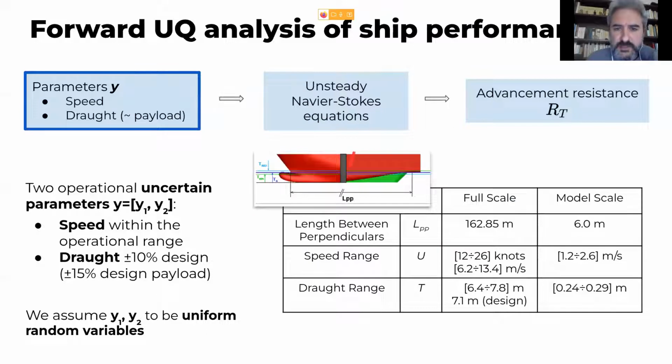This is just to give an idea of the dimensions of the boat. This is a vertical cross section of the boat. The boat is 160 meters long, the speed range is 12 to 26 knots, and the draft range is 6.5 to 7.8 meters. We actually don't solve things on this full scale; we solve on model scale.